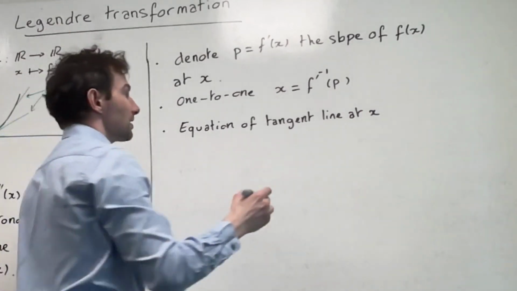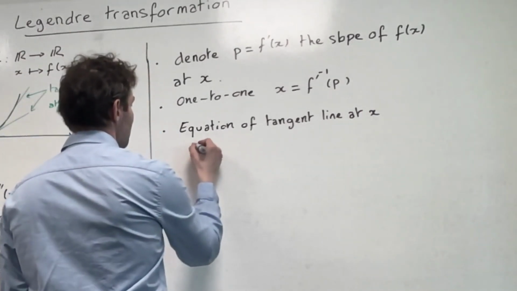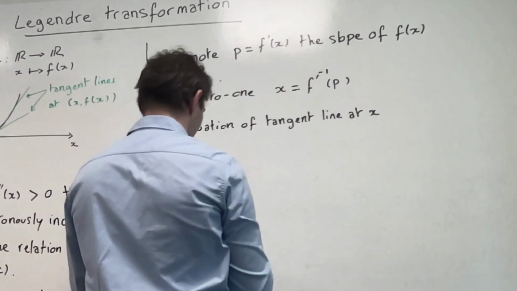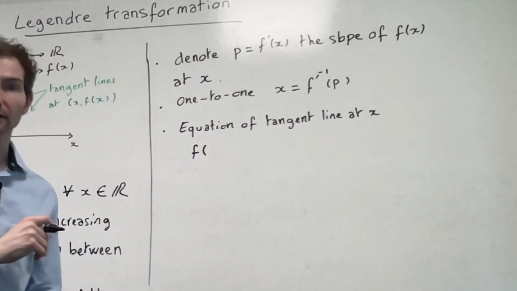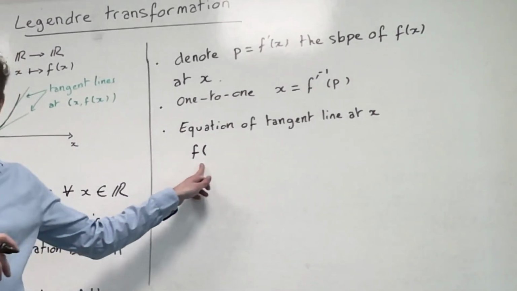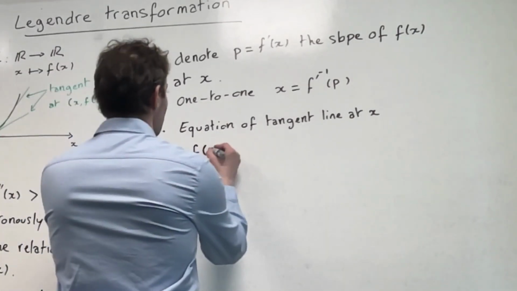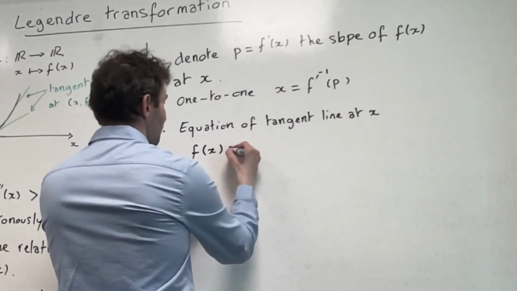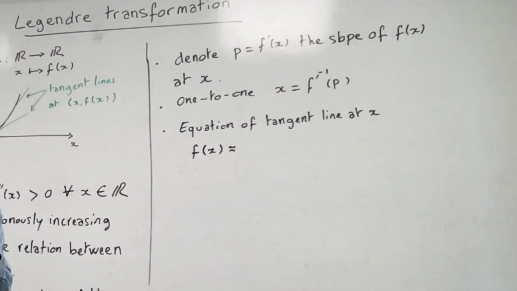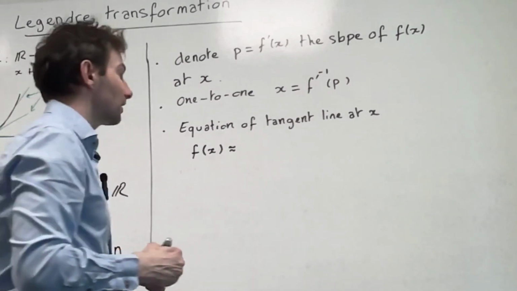Well, basically this is f of x. And what I'm doing here is that on the left hand side I'm writing f of x, and then on the right hand side I'm writing an approximate sign, basically because I'm using a Taylor expansion here.